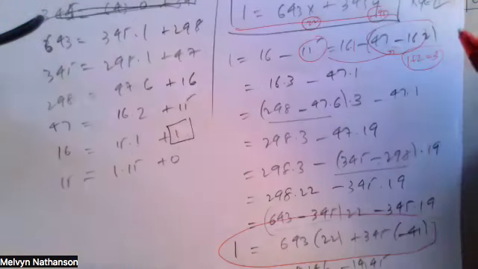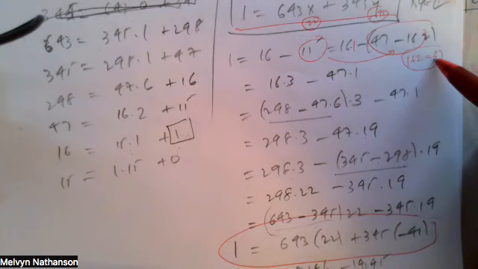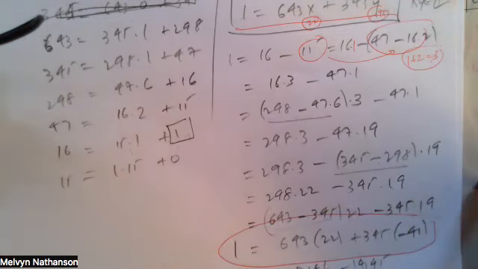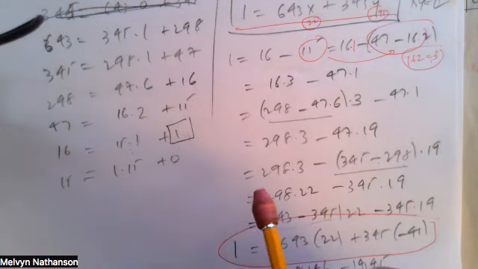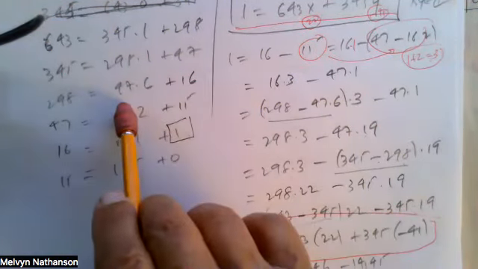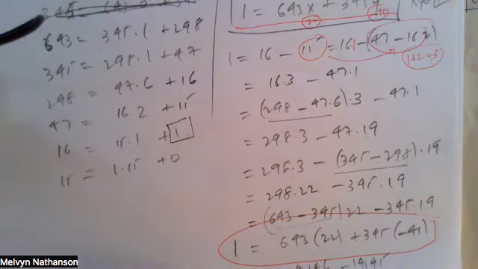This is 16 times 1. This is 16 times 2. Put it together, you get 16 times 3. Oh, okay. And then you take 298 minus 47 times 6. That's what 16 is equal to.